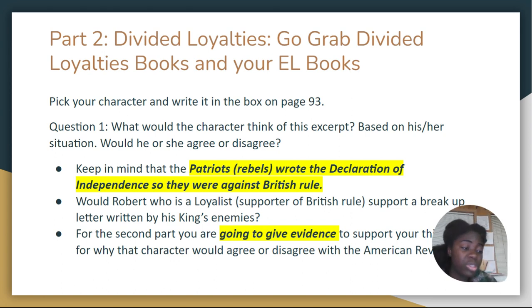Class, you can just give me two examples. Give me two quotes, right? If you pick Robert, find two quotes that support why he would not support the Declaration of Independence. If you do Abigail, find me two quotes as to why she would support the Declaration of Independence.